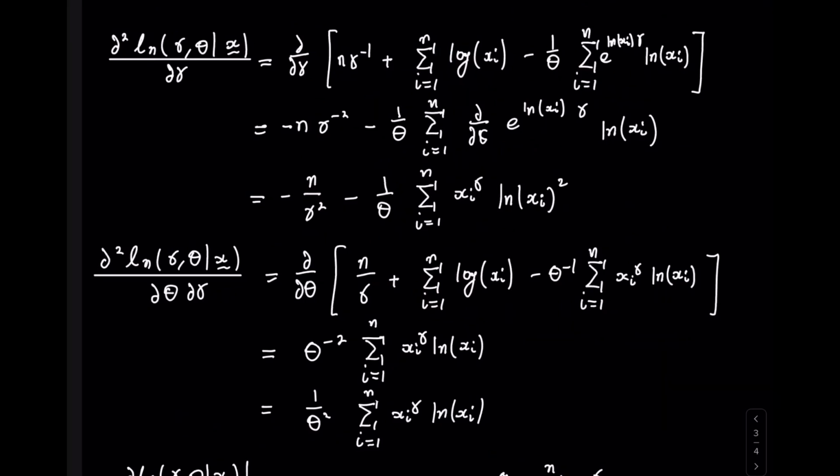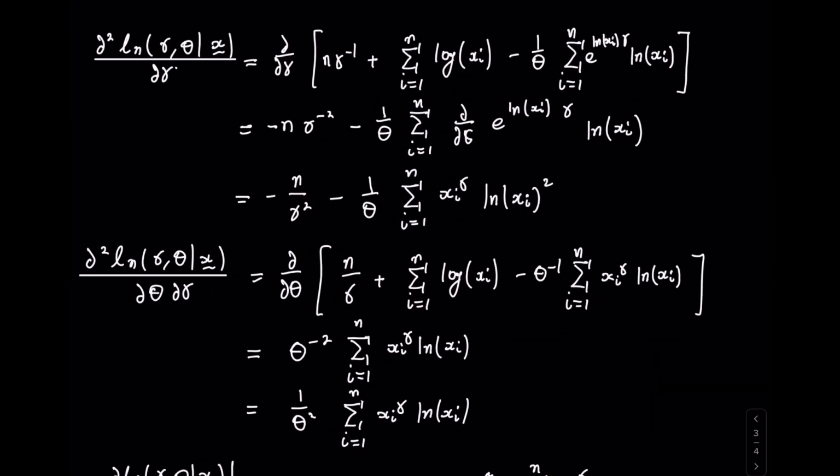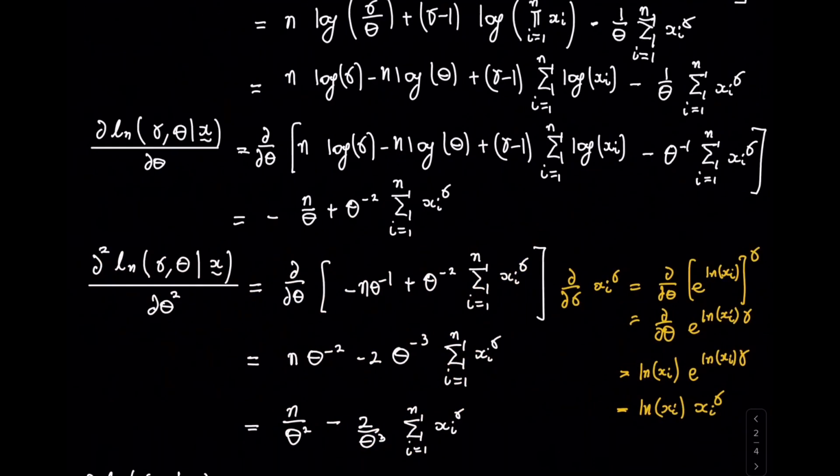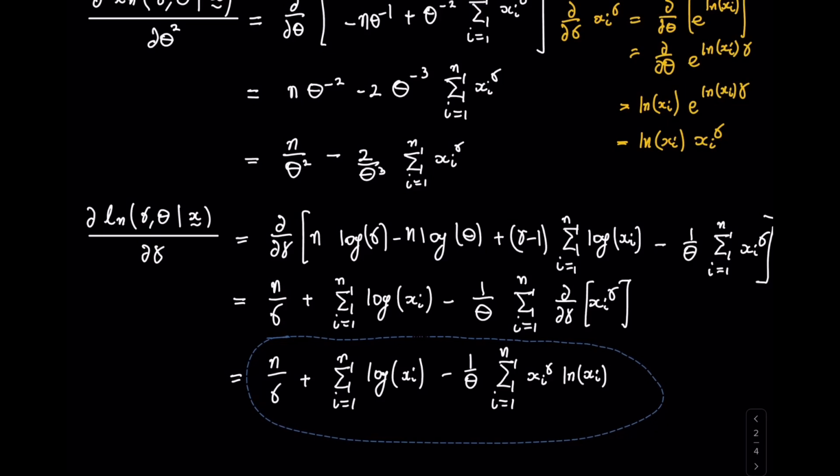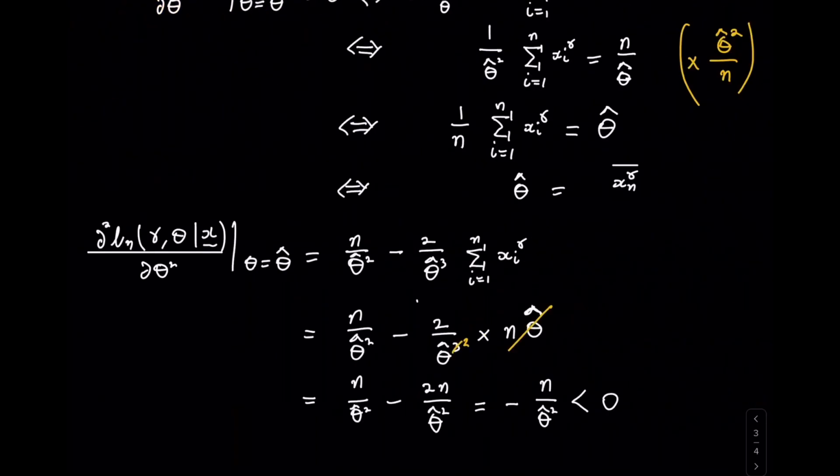So, if gamma is also unknown, and I've clearly forgotten a partial derivative there as well, then we need to solve for when the partial derivative with respect to gamma is equal to 0. So let's do that now.